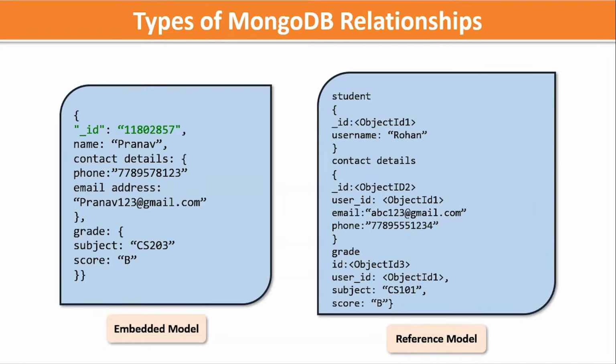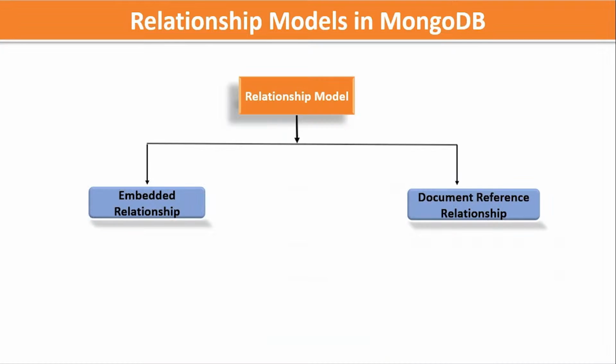Now, instead of having three separate documents, I can simply combine these, or I can link with the help of user ID. I can basically combine the contact details as well as the grade into a single document. So this is how the reference model works. That is by referencing or linking two or more documents into a single document structure. So that was all about the reference model, and that is the main difference between embedded and reference.